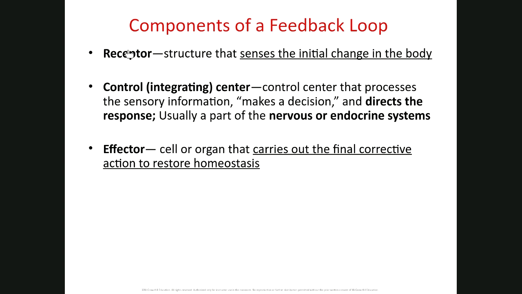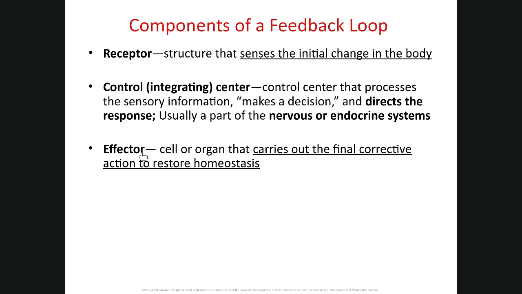Okay. Now, in a quiz or exam question, guaranteed question is going to be asking you, okay, to identify specifically the three different parts of the feedback system: receptor, control center, effector.